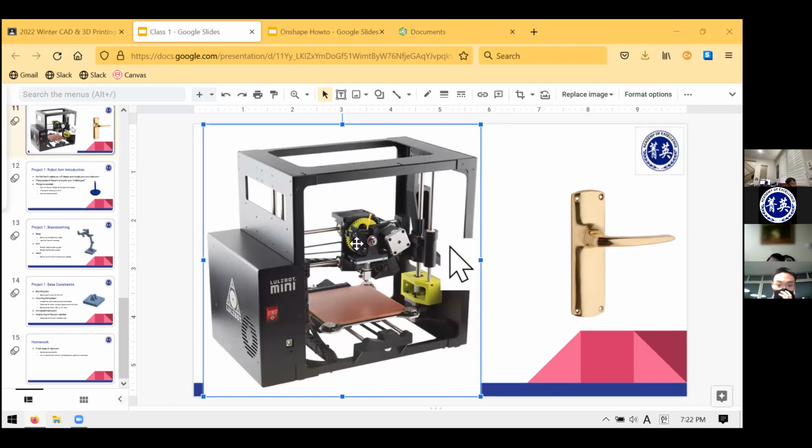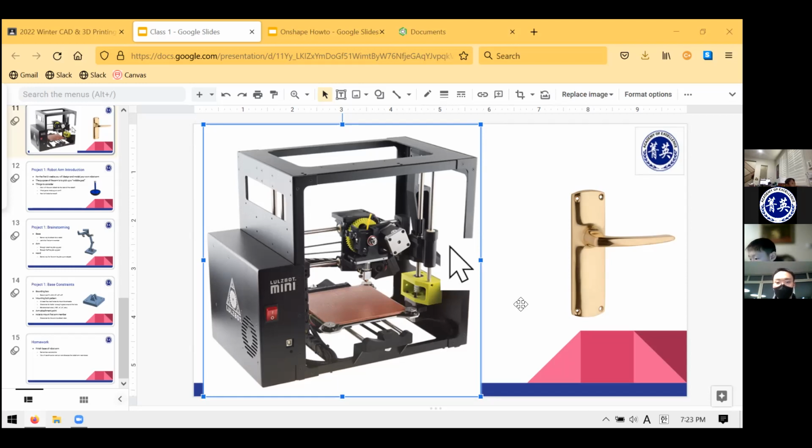In this printer, the left and right motion is controlled by the printer head moving left and right along these rails. Then the whole thing, the printer head and the rails, is able to move up and down along this set of rails here. And then finally, forward and backwards: in this case, the printer's stage, this plate here at the bottom, is able to move forwards and backwards along its own set of rails.